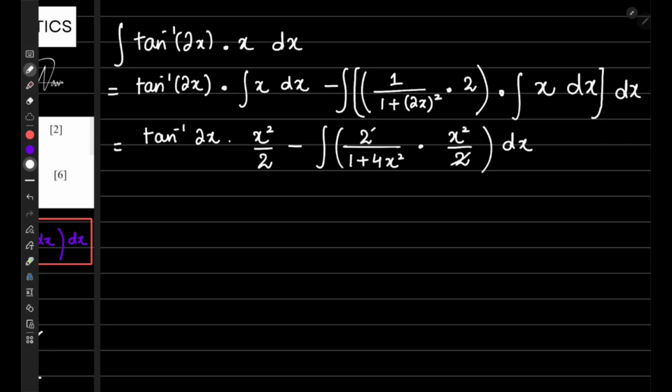Now this 2 and 2 can be cancelled out. We end up getting x square over 1 plus 4x square dx. So we need to integrate this thing again.